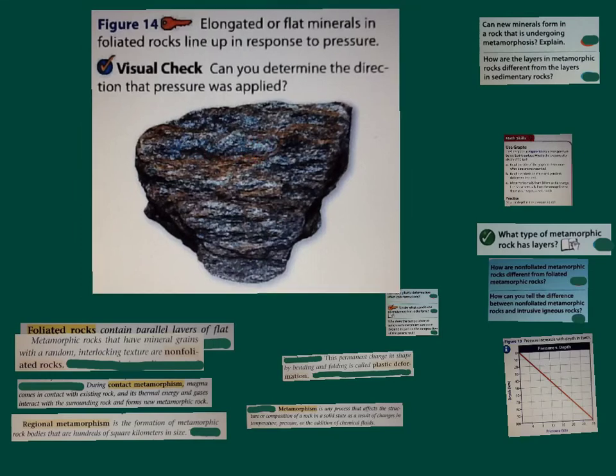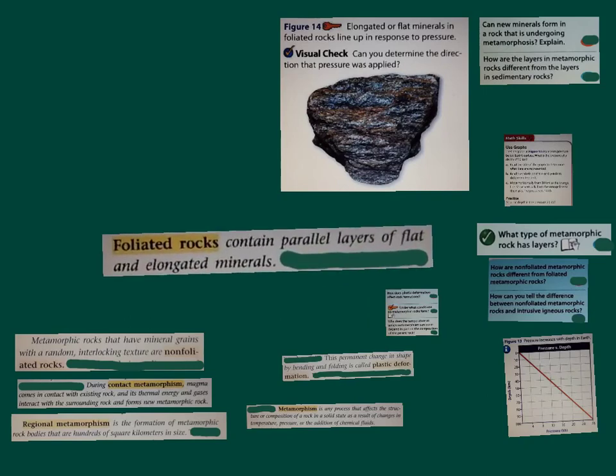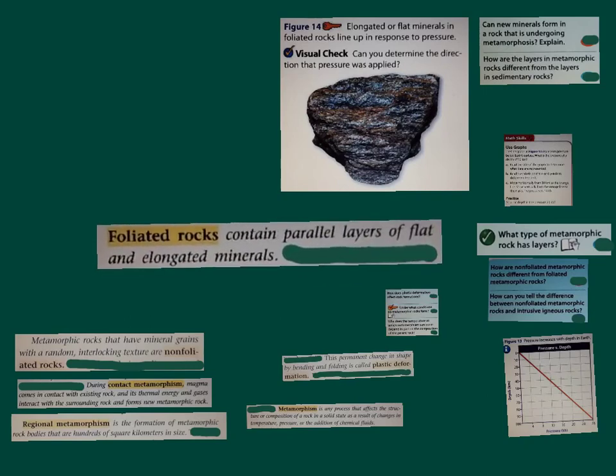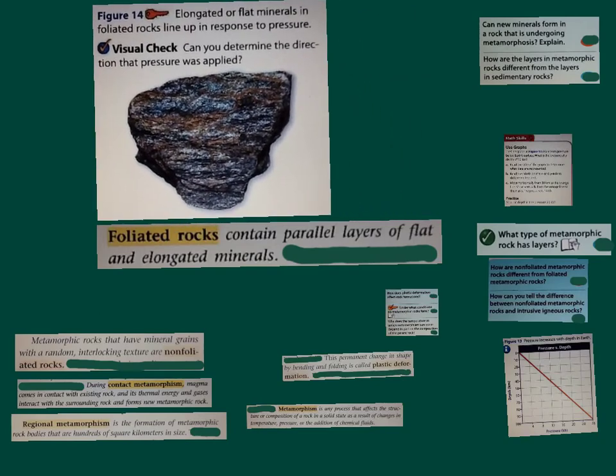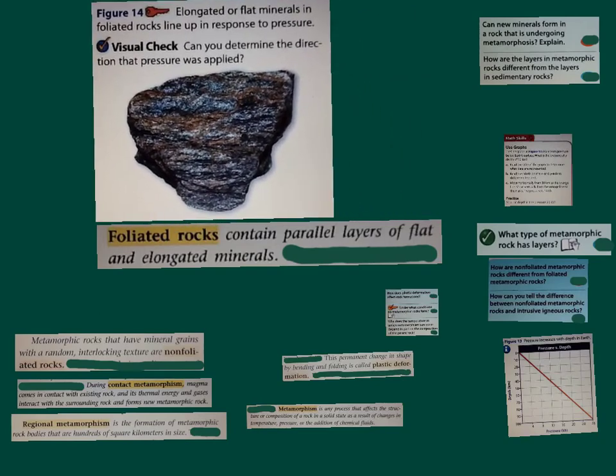Let me go ahead and make that a little bit smaller and make sure that I have your vocab word up here, which is foliated rocks. Foliated rocks contain parallel layers of flat and elongated material or minerals. That's what they're talking about here. You can kind of see the layers in this rock here.